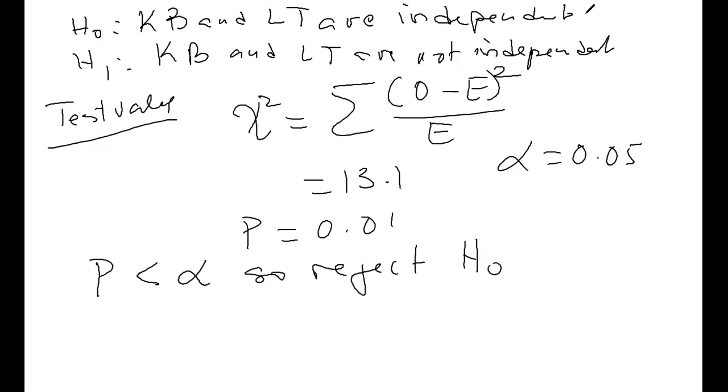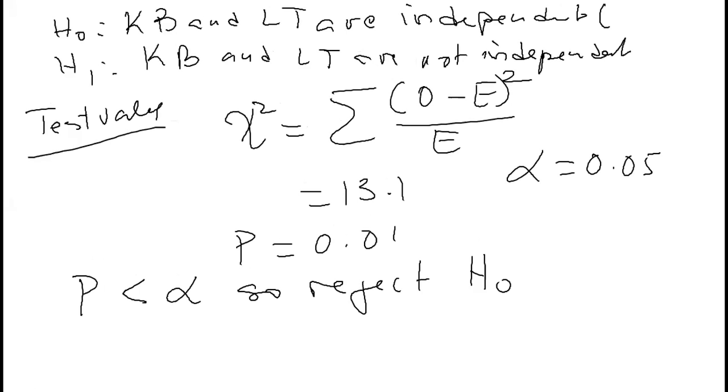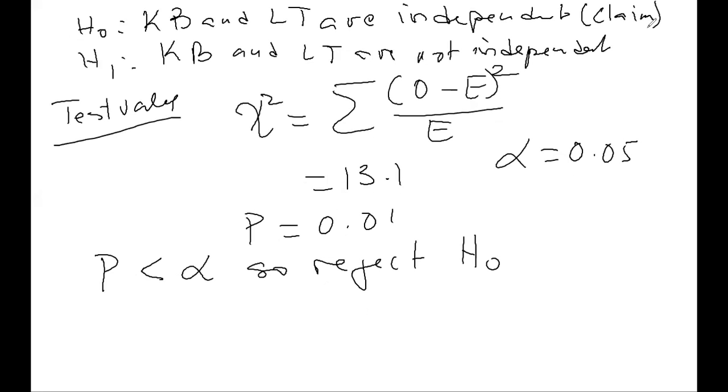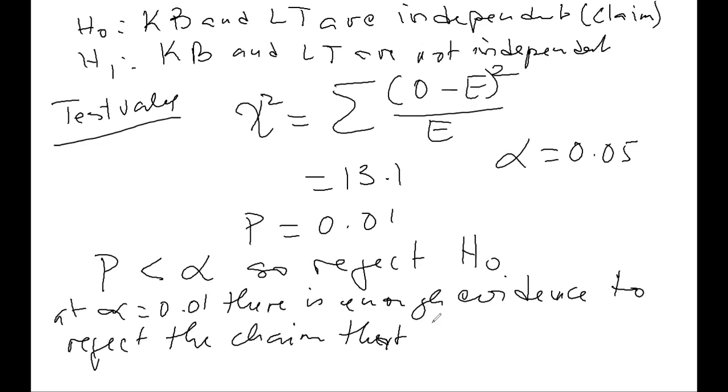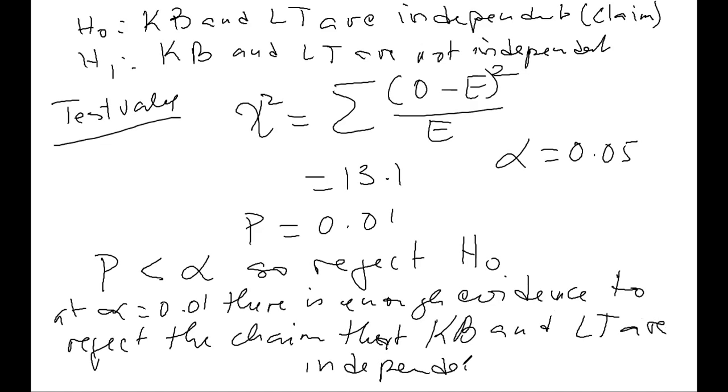Remember that our claim is H1. So the conclusion will be at alpha equal to 0.01, there is enough evidence to support the claim that keyboard arrangement and learning time are not independent.